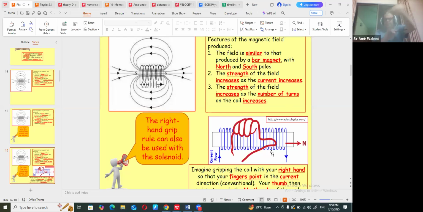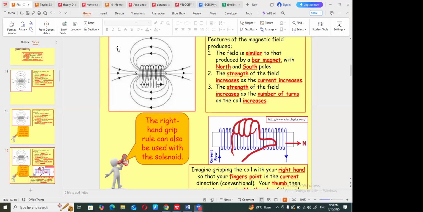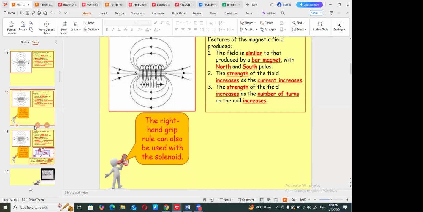So the thumb is showing the direction of north, hence definitely the other direction will be the direction of south. So this is how they developed it. Once you find out where is north and where is south, simply draw the magnetic field lines that start from north and end at south.